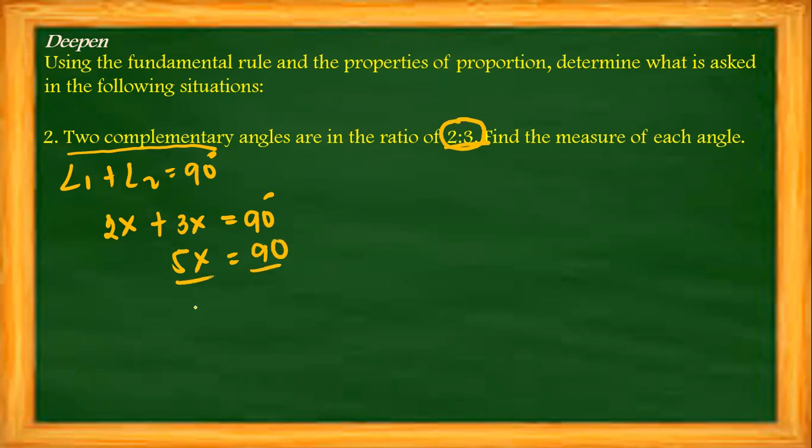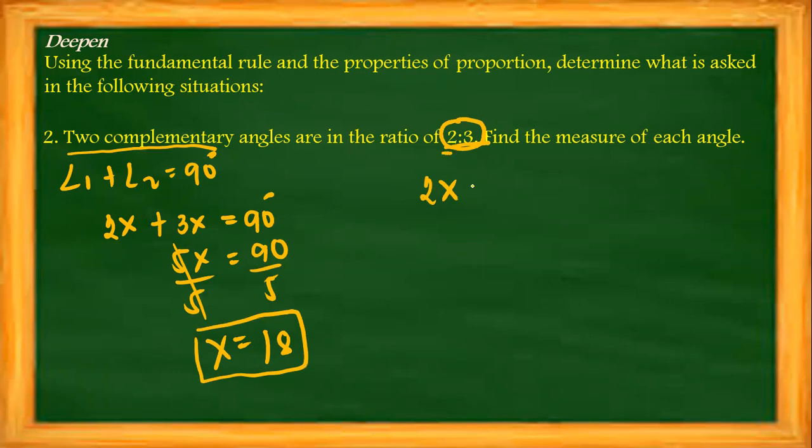Then divide both sides by 5 to solve for x. So x, the answer is 90 divided by 5, 18. So the missing factor here is 18. Now let's solve for the first angle, 2x, with a ratio of 2.